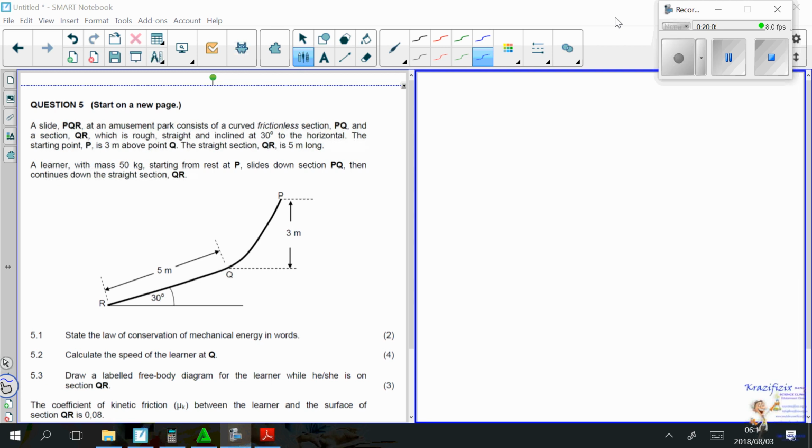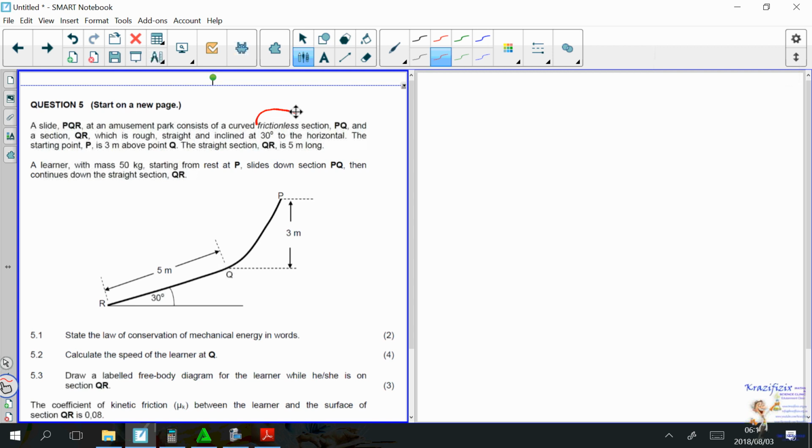A slide PQR at an amusement park consists of a curved frictionless section PQ, and a section QR which is rough, straight and inclined at 30 degrees. Please read that question and look at the diagram. The starting point P is 3 meters.